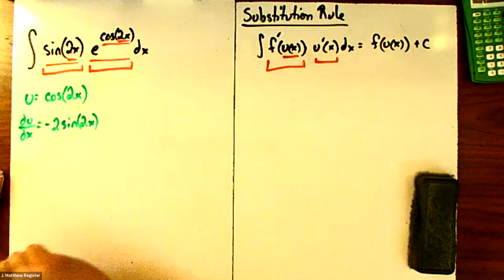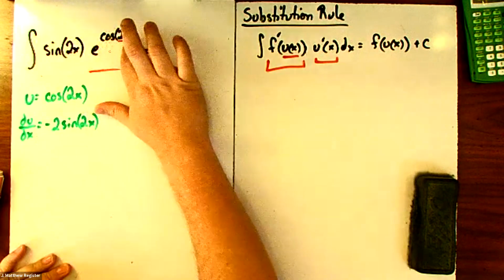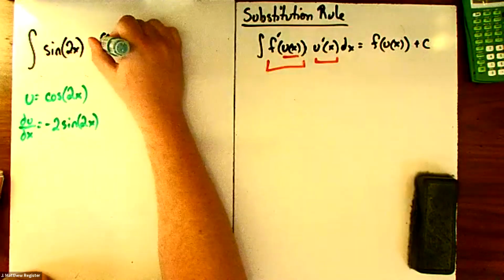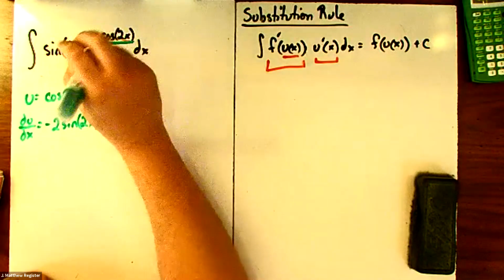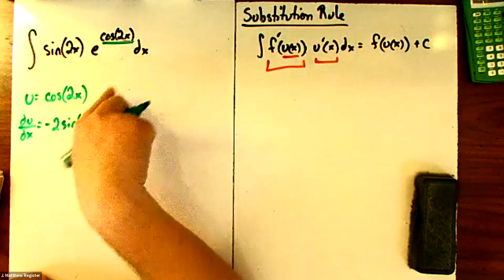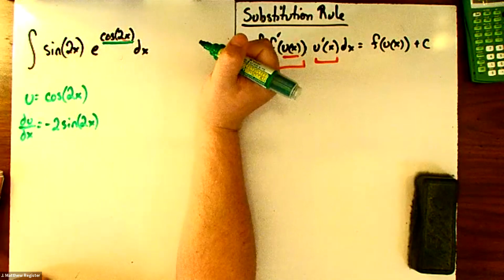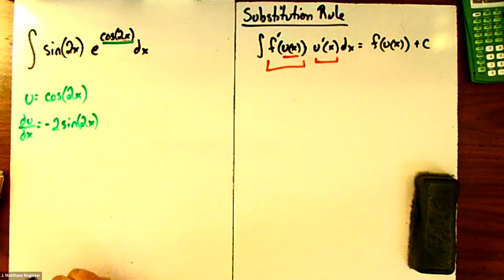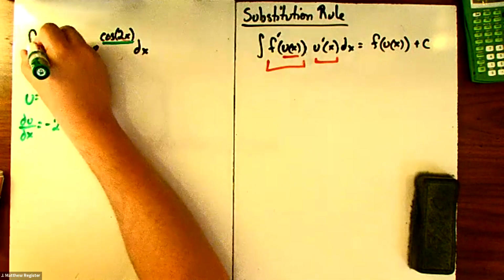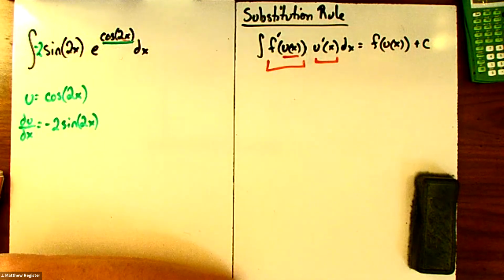Looking at our function and breaking it all apart, we could see that this is an e to the u. Now the question is, is this bit out in front that's being multiplied equal to negative 2 sine of 2x? And it almost is. What's missing is a negative 2. So what we can do is put a negative 2 in there as long as we balance it out.